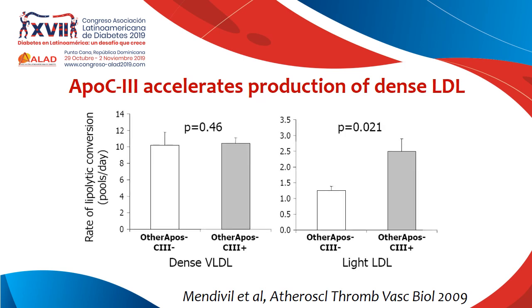So what we're seeing here, and we published this in 2009, is that lipoproteins containing ApoC-III and not any of the other small apolipoproteins tend to be converted to light LDL much faster than other types of lipoproteins. And that's particularly true for light LDL. So in the step that goes from light to small LDL, the step that generates small dense LDL, the speed of production is increased by ApoC-III.